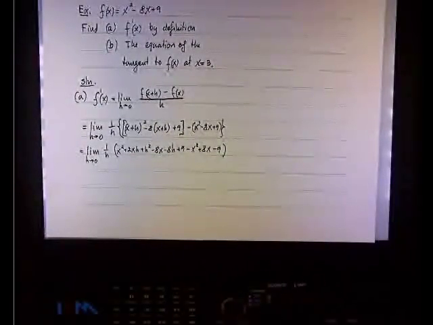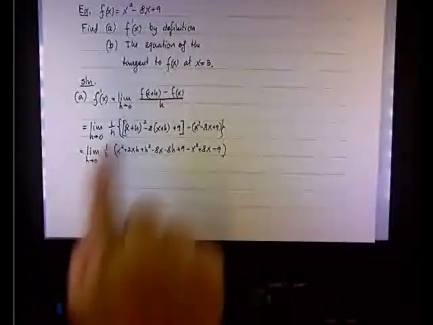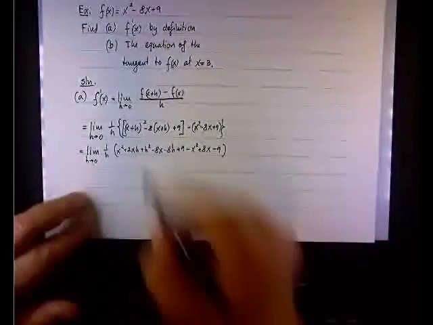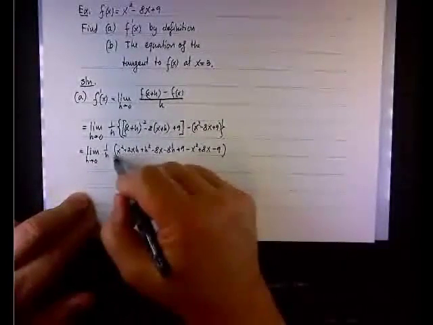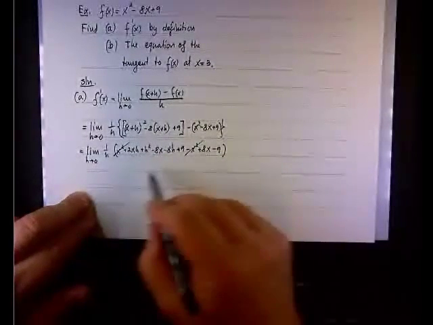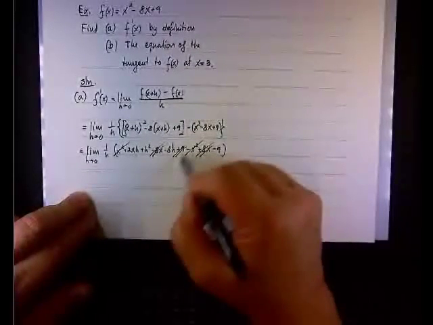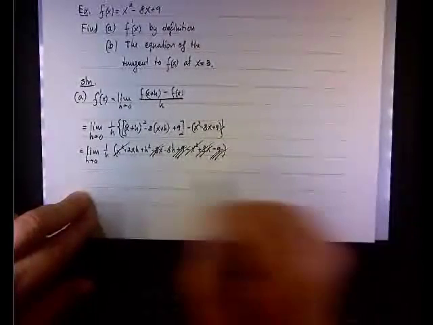Okay, I did it fast, so expanded x plus h, clear the parentheses, so you have negative 8x and negative 8h plus 9. And we start with x squared and x squared being reduced. Let's see, what else? Negative 8x and positive 8x, and then positive 9 and negative 9.